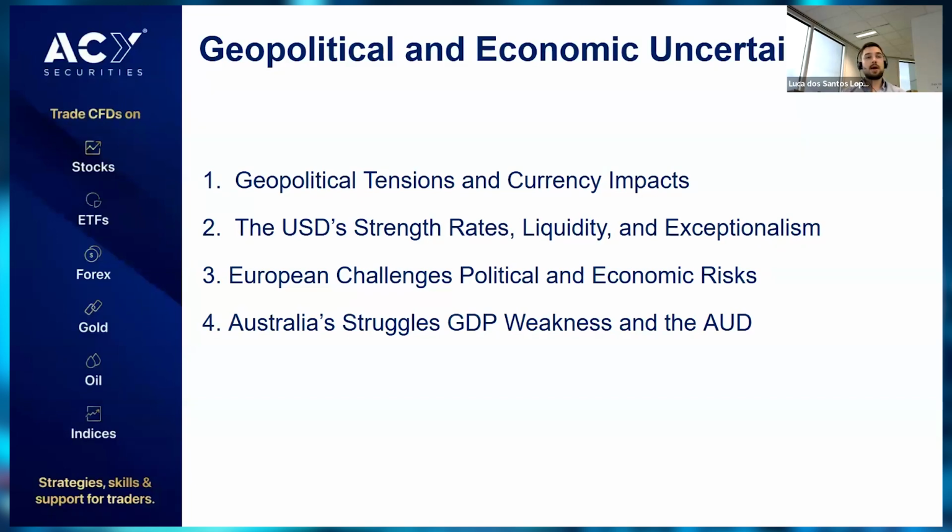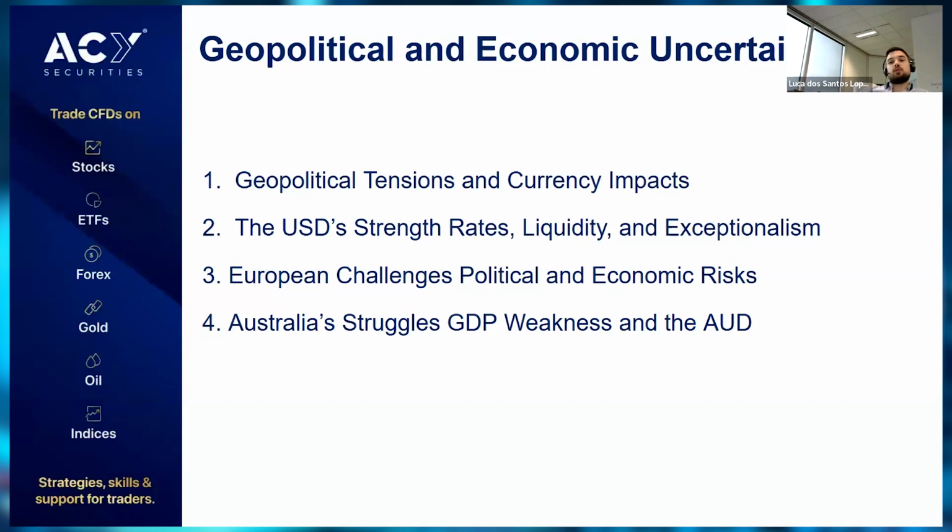And if it continues to happen, not only in South Korea but in any other country, we will continue to have the US dollar stronger. The second topic we talked about is that the US dollar remains dominant due to high rates, liquidity, as well as economic resilience. If we continue to see higher rates, hawkish comments from the Fed, as well as liquidity, this will continue to strengthen the US dollar.